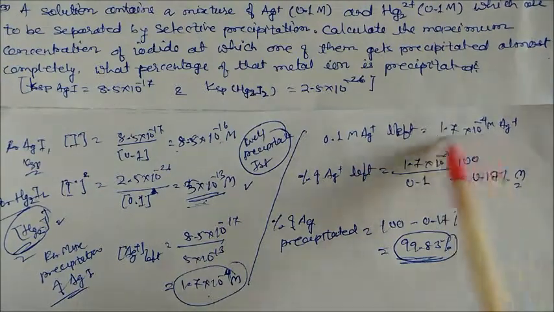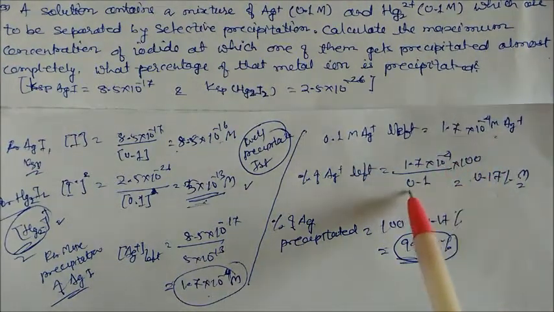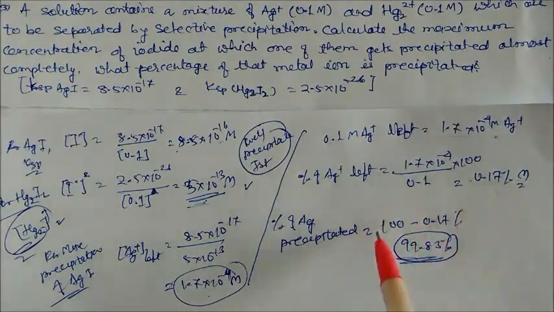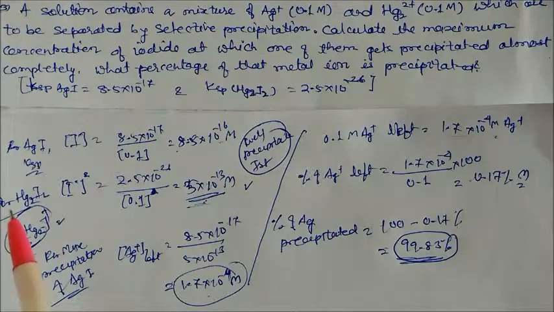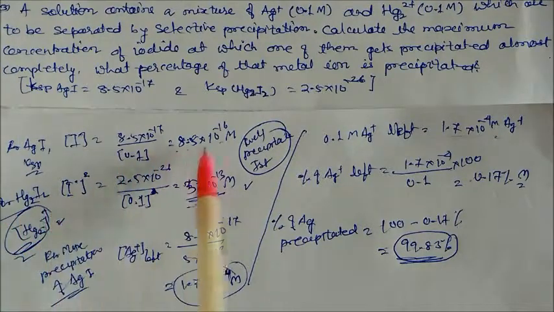So you just divide it and get the result in terms of percentage. Taking 100% as the total, 100 minus this much gives 99.83% of silver iodide precipitated. For the second precipitate, Hg2I2, we have to take the other value, and that will give you the maximum precipitation of Hg2I2. We have seen other types of questions like this.